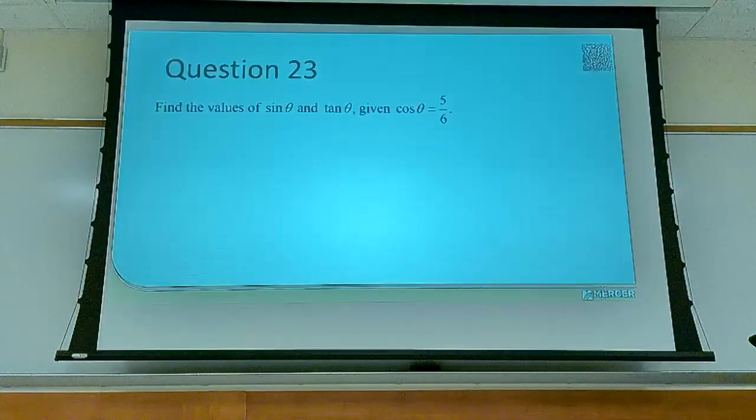We're given that cosine of theta is 5 over 6. We are not told where theta is located, though. So where could theta be located?